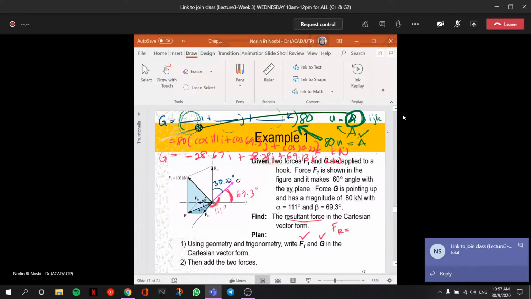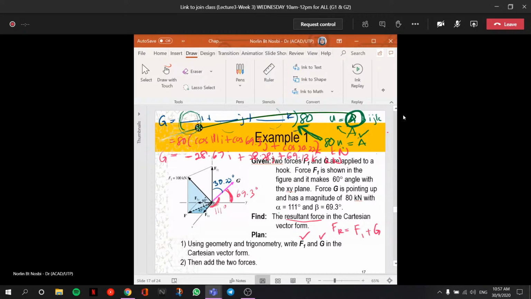FR equals F1 plus G. So you just add both of them. At the end you will get FR equal to 6.69 I minus 7.08 J plus 156 K. Don't forget the unit, kilonewton.